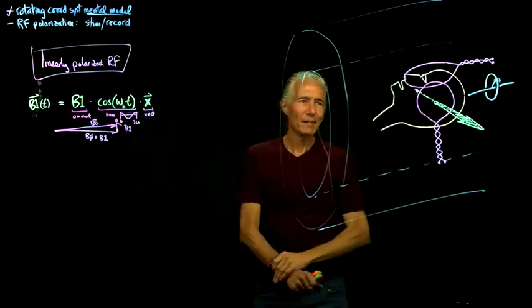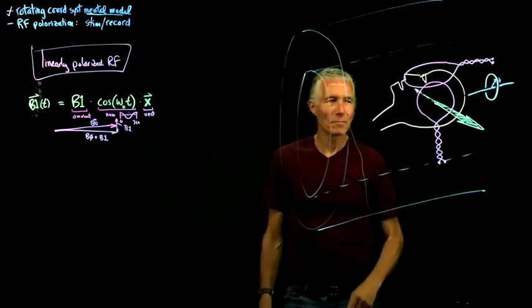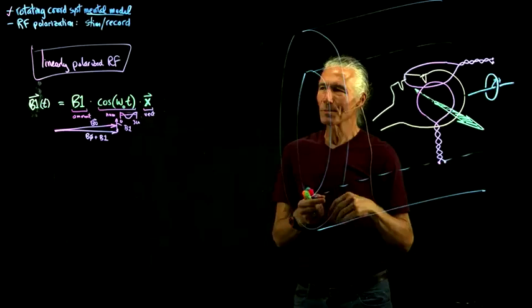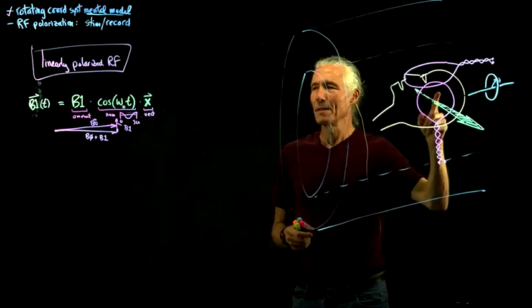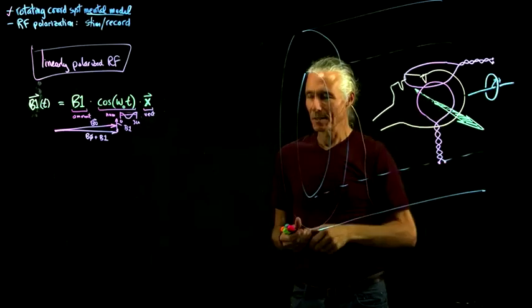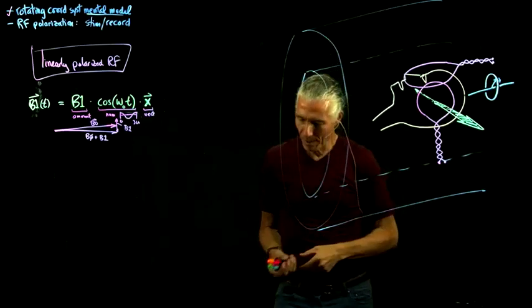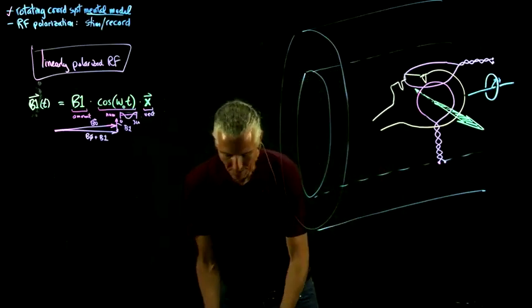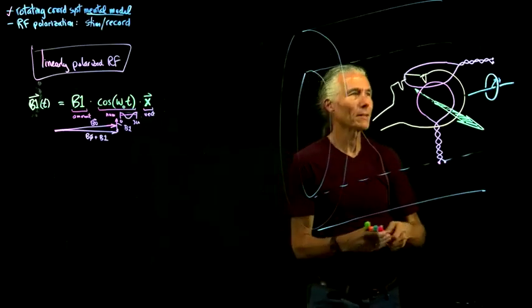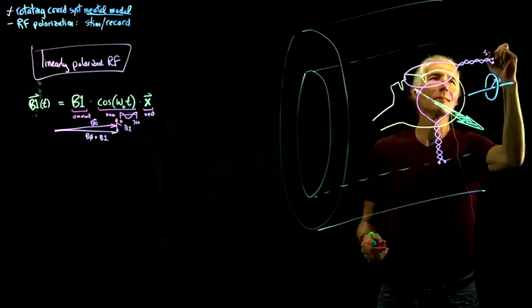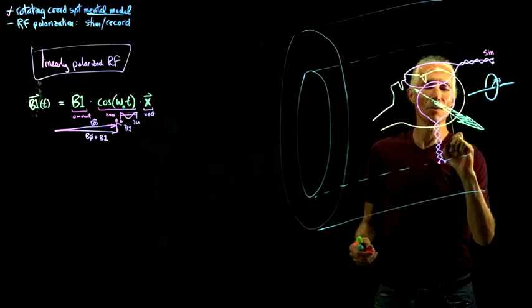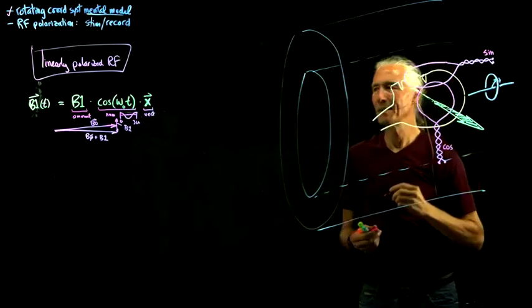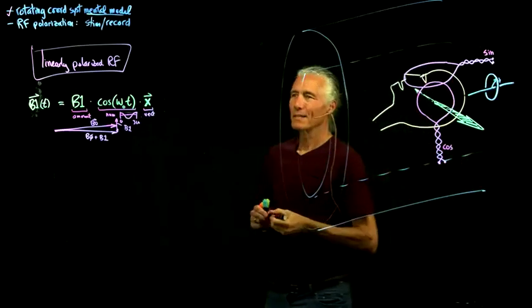So if we did that, and then we put a signal that was offset in time into that other coil. So say we put a sine into this one, and put a cosine into this guy. So now what will happen?